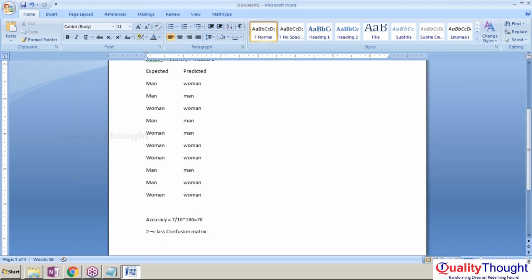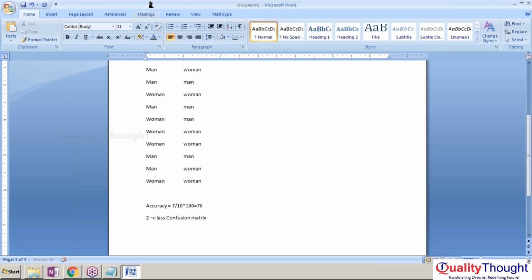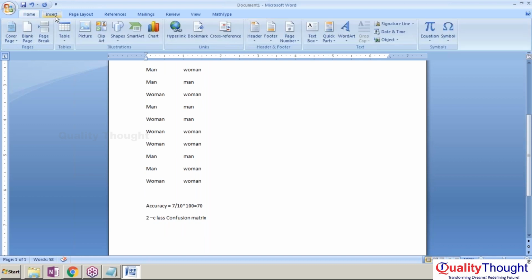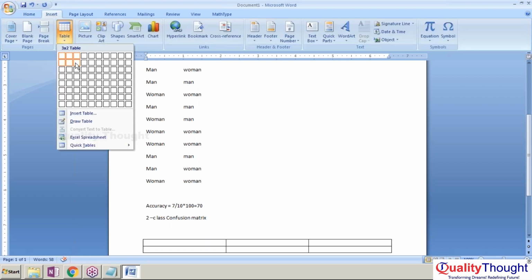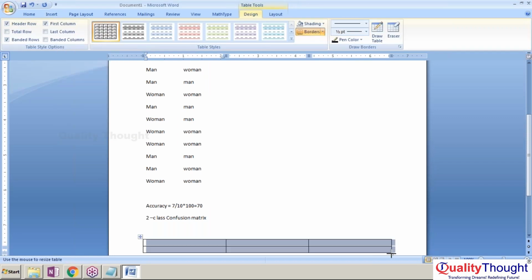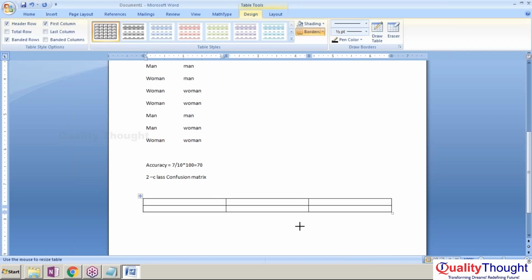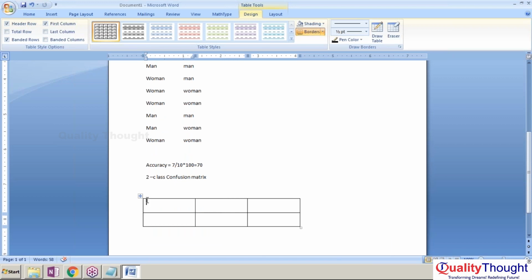Do all of you understand? So here is the two-class confusion matrix for us. Let me just show you.